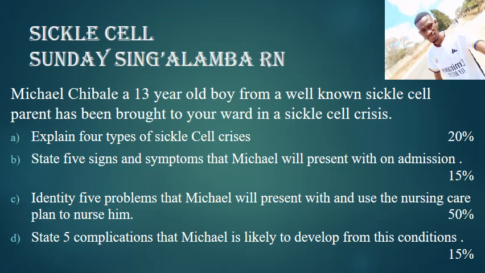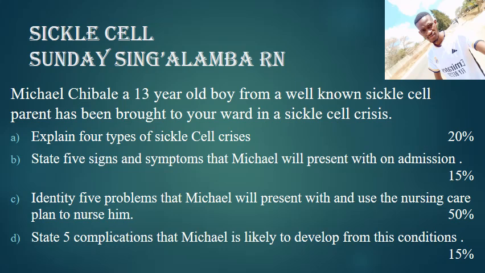The third feature, bone pain. So bone pain comes in due to ischemia. Abdominal pain also comes in as a result of tissue ischemia. Difficulties in breathing come in due to reduced oxygen carrying capacity.